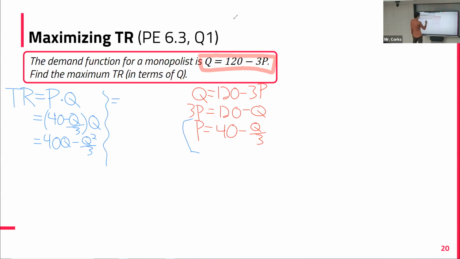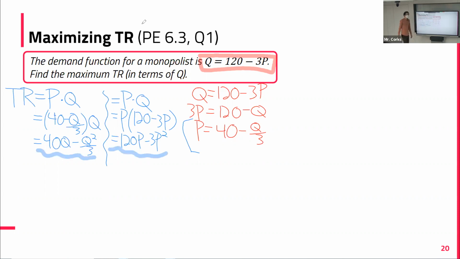Or we could have substituted in this Q value, Q equals 120 minus 3P, giving 120P minus 3P squared. So we could express our total revenue in terms of Q, or in terms of P.